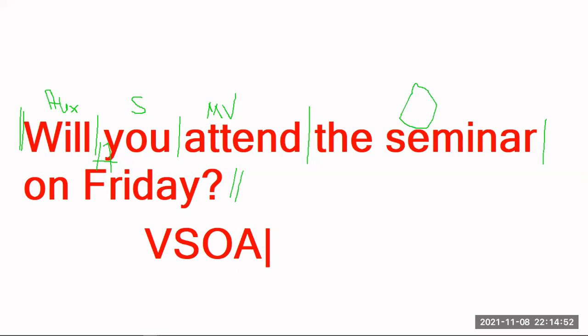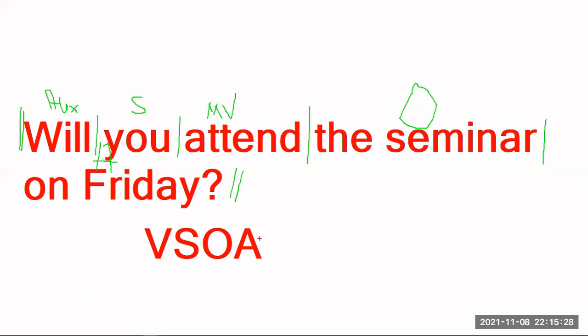Well, we know that the verb begins here, so we begin the structure with the verb. All right. So here we have the verb, the subject, the object, and the adjunct, instead of having the subject, the verb, and the object. So a statement has the SVO structure, but a question has the VSO structure.